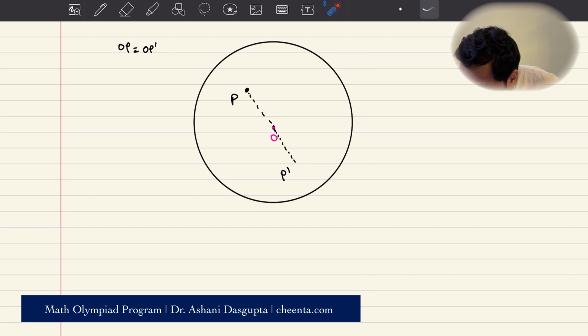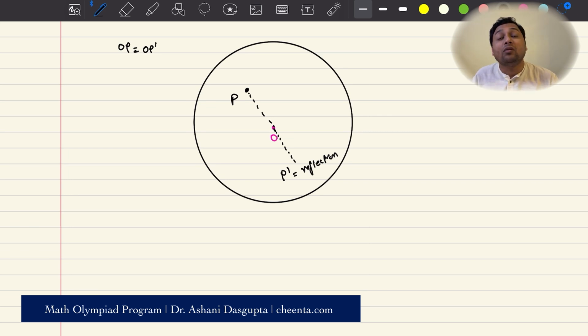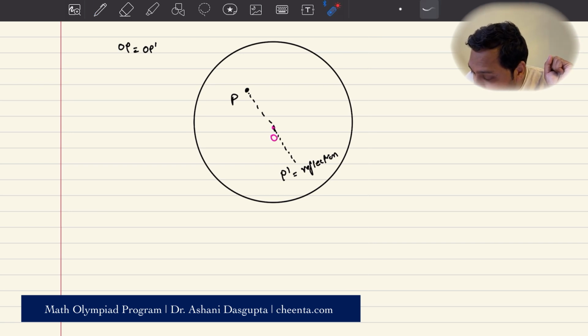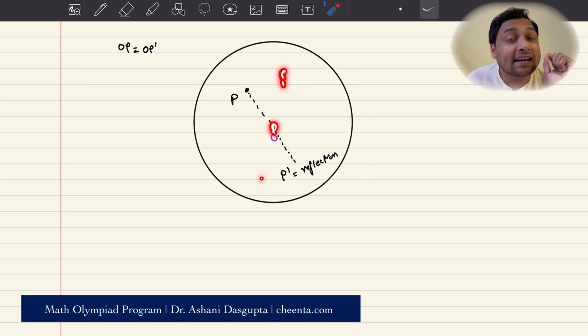This point P prime is the reflection of the point P about the center point O. Now, the most important point to understand is this: if you reflect every point on this board about this center point, you will get the exact board back.